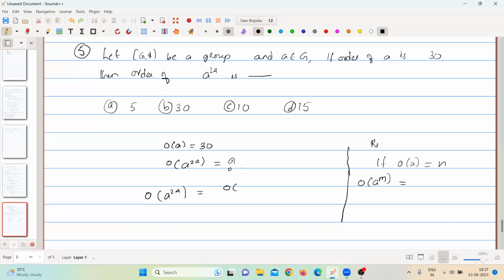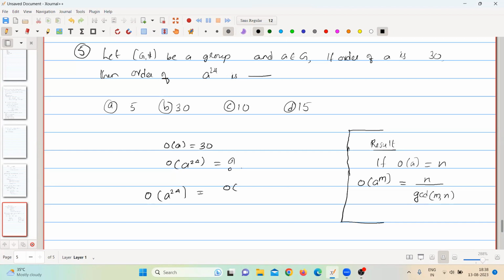If the order of a equals n, then the order of a power m equals n by GCD of m and n. This actually Sir has already covered in this topic.